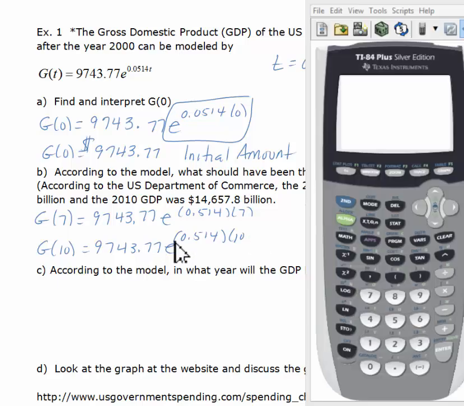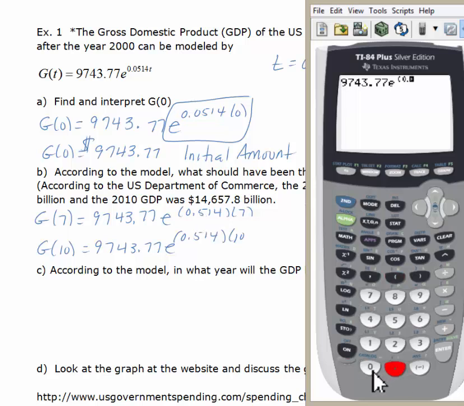Let's evaluate these in our calculator. So g of 7 is going to be 9743.77, second natural log, open parentheses, 0.0514. My apologies, I left that 0 out. Times 7.